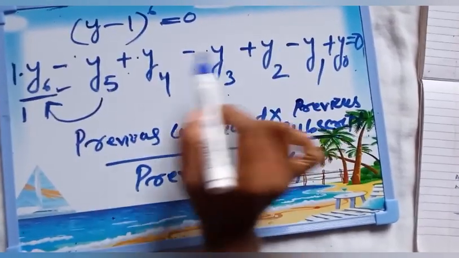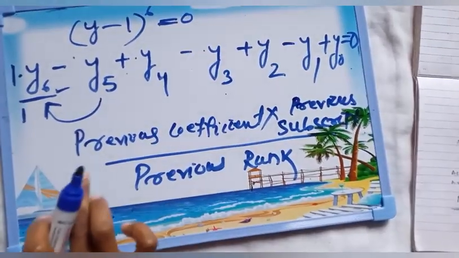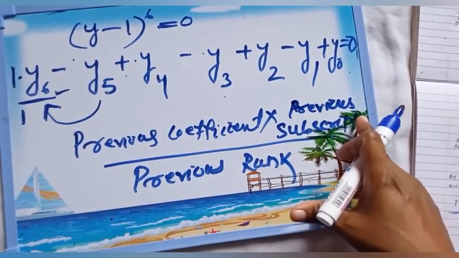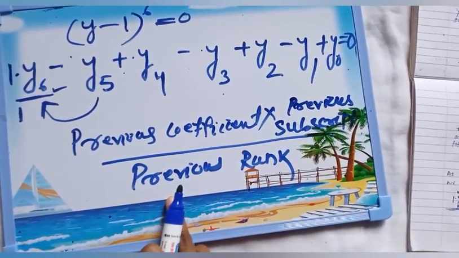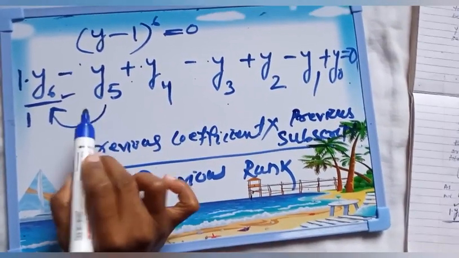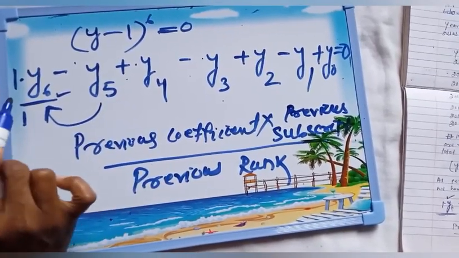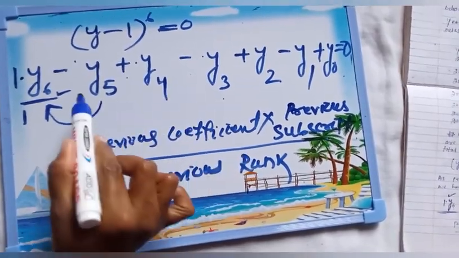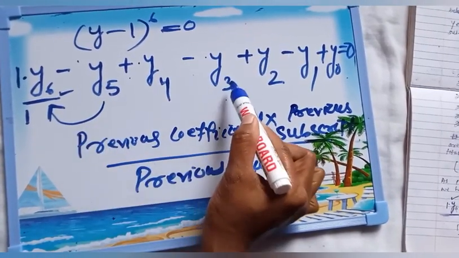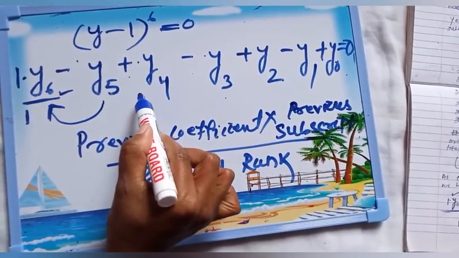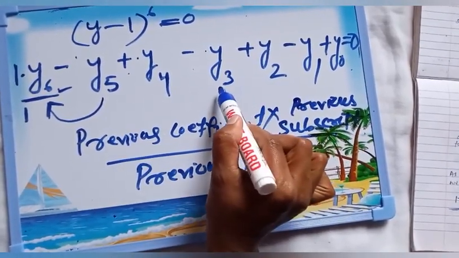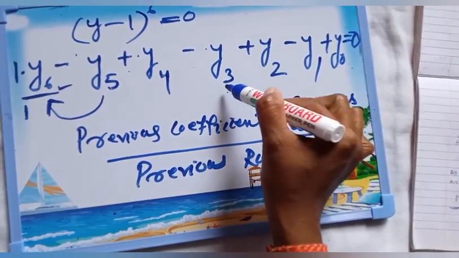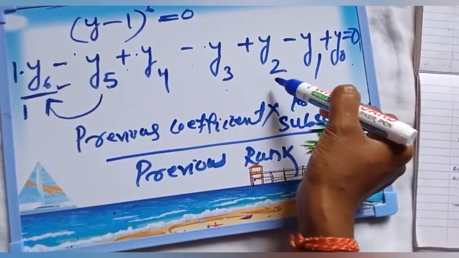To write that coefficient we have to follow this formula: previous coefficient into previous subscript divided by previous rank. Here for y5, previous term is y6. For y4, previous term is y5. For y3, previous one is y4. For y2, previous one is y3, and for y1, y2.